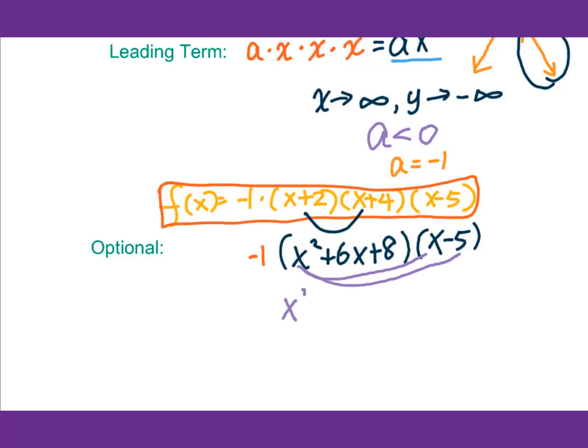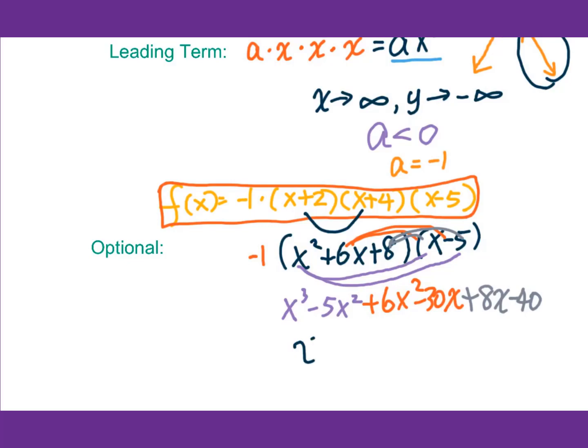x to the third power minus 5x squared, then plus 6x squared minus 30x, plus 8x minus 40. Then you combine like terms.